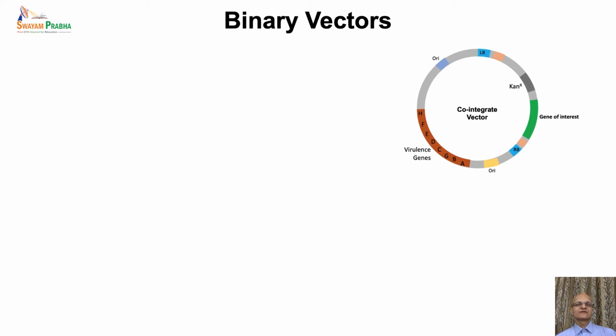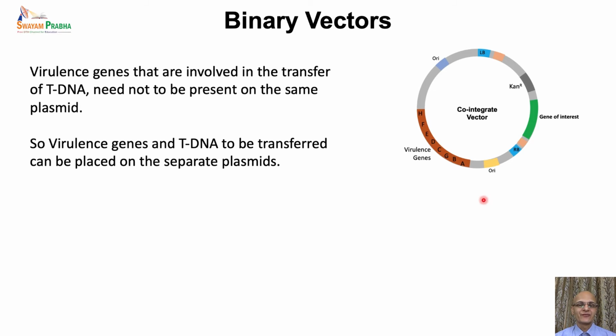So the second system is the binary vector system. Here is a cointegrate vector that has virulence genes as well as the tDNA that needs to be transferred. We also talked about the drawbacks or challenges associated with these vectors. So now the question is, how could we reduce the size of the plasmids and make the handling or manipulation much easier?